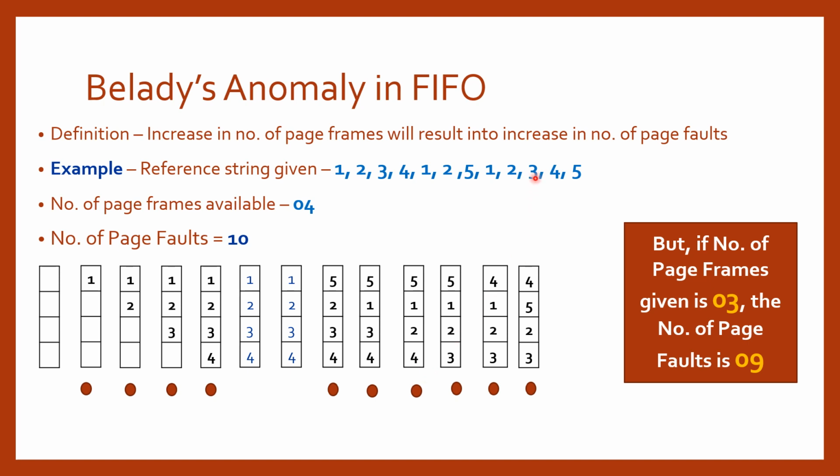Then the request for 3 will replace the page frame where 4 is loaded, and this is our new image of RAM. Page fault is recorded. Then comes the request for page number 4. We will replace 5, because till 3 we have replaced all the page frames. So now coming again to the first page frame, we replace it with 4. Again the page fault is recorded.